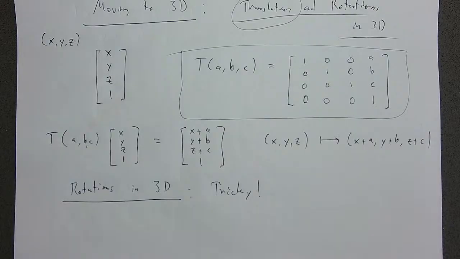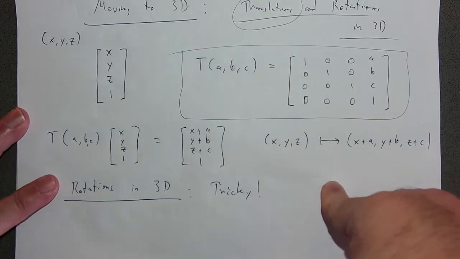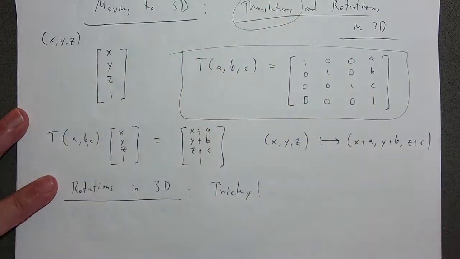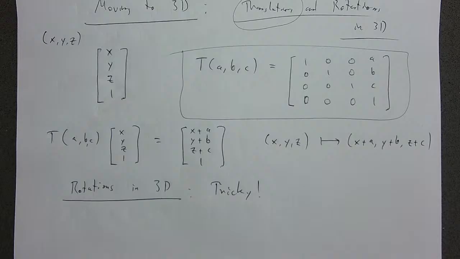You notice immediately that when we talk about rotations, we rotate about something. If you're keeping track of dimensions, in 2D our rotations are about a point, which is a zero-dimensional object. In 3D, what are your rotations about? Are they about a point? Well, there's really an axis of rotation, a line of rotation, which is a one-dimensional object.